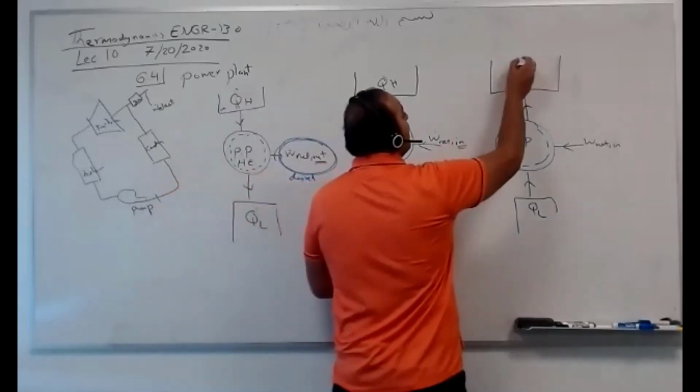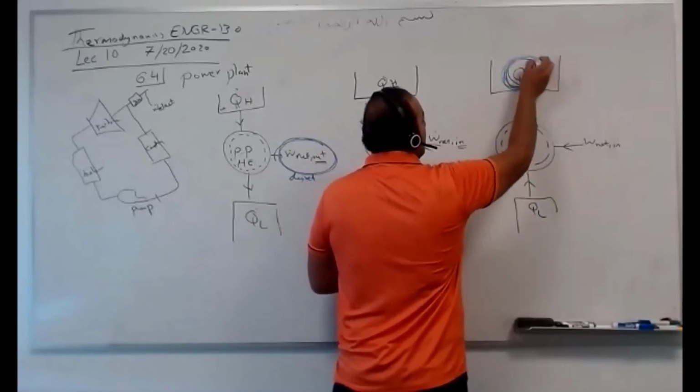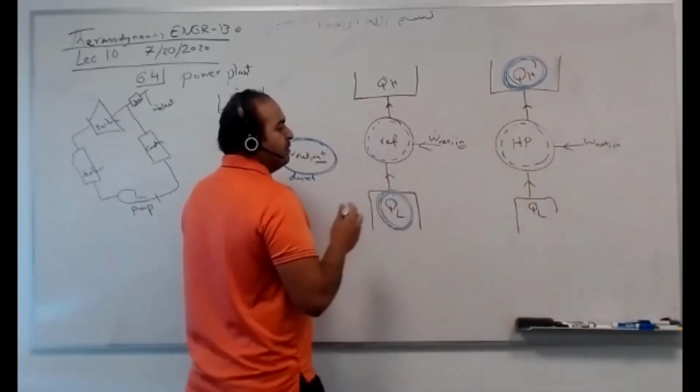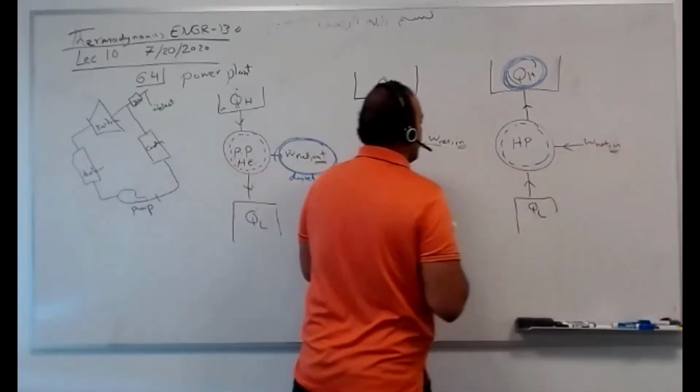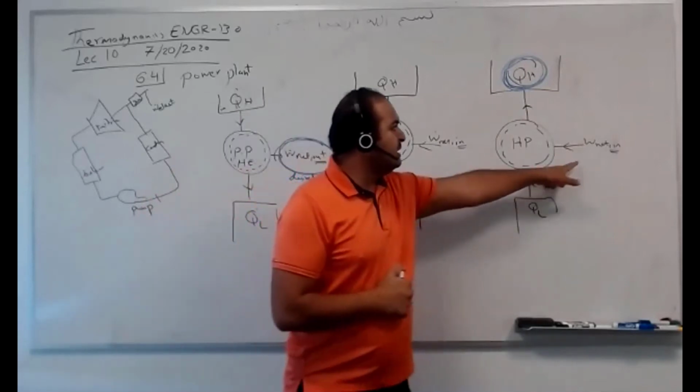Here we want Q high, like a boiler, where I want heat to warm water in the bathroom. So our input is work. I pay electricity to get Q low, or I pay electricity to get Q high.